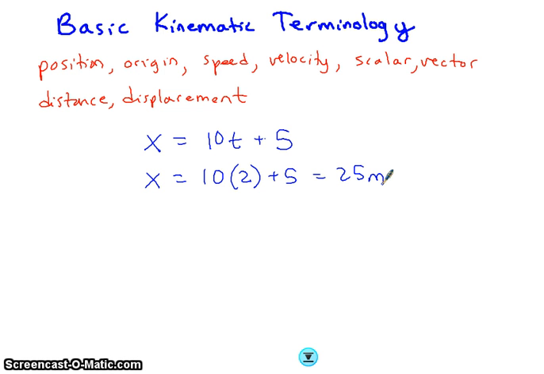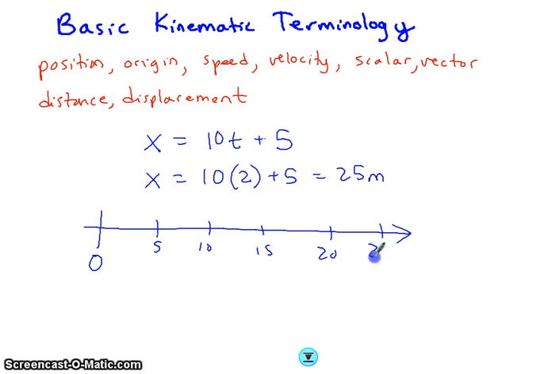25 meters from where? Well, the answer is 25 meters from the 0 point on a number line. So if we draw a number line, and we draw 0, and maybe we have 5, 10, 15, 20, 25, so this is in meters. What this is saying is that at 2 seconds, the object is at this location.